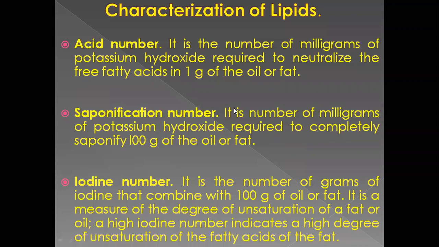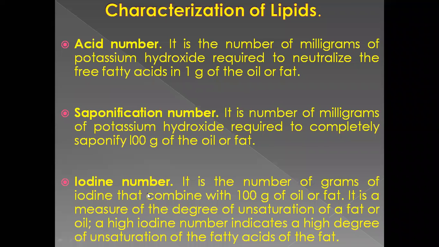What is the saponification number? It is the number of milligrams of potassium hydroxide required to completely saponify, to form soap from, how much amount? 100 grams of oil and fat. So this is our second characteristic property.